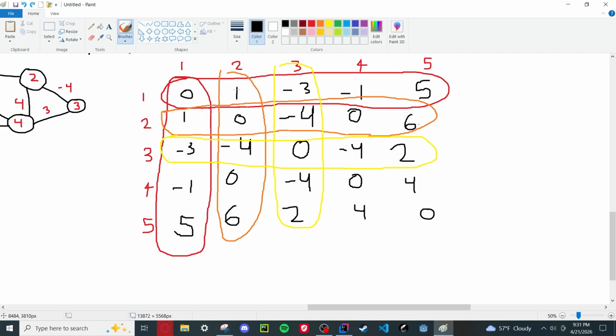Excuse me. -4 plus -3 is -1. And then conversely, this will become, well, hold up, wait a minute. -4 plus -3 is not -1. It's -7. Same thing here, -3 plus -4 is -7.